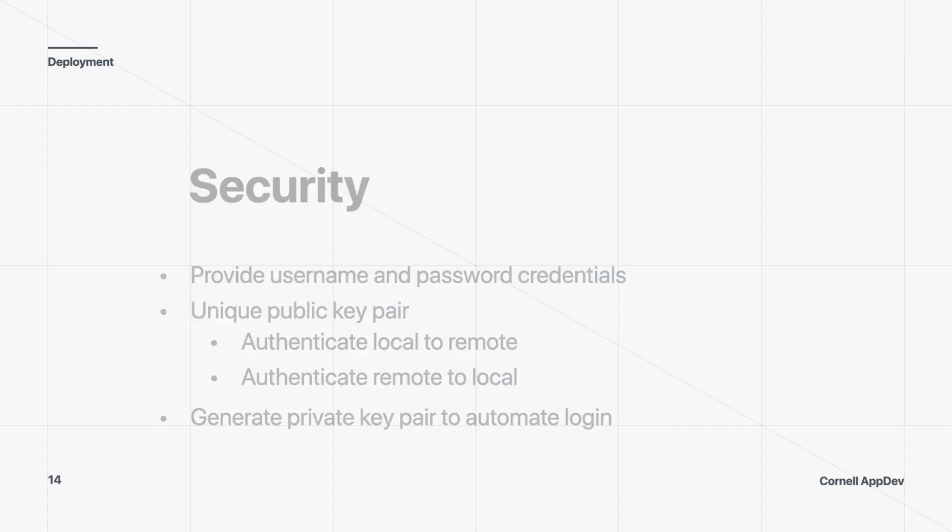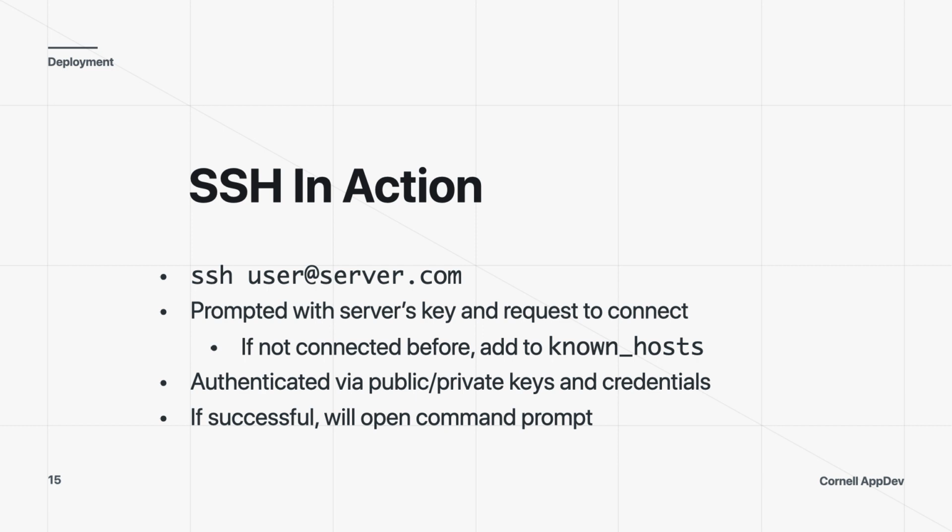But let's move on to SSH in action. So as I was mentioning before, you have an SSH client that stores the host keys, and that's why you might have something on your computer called known hosts. It's like some file that keeps track of all the hosts that your computer has ever connected to.